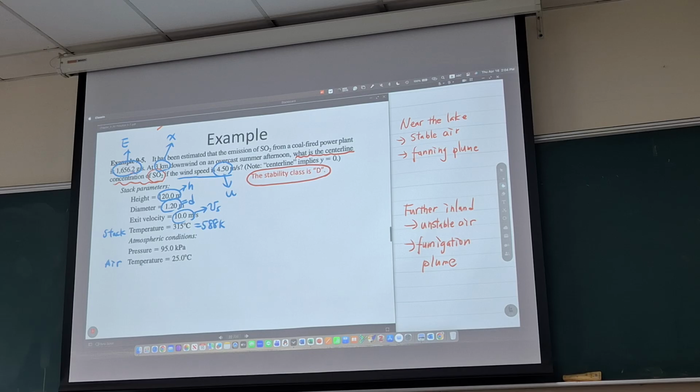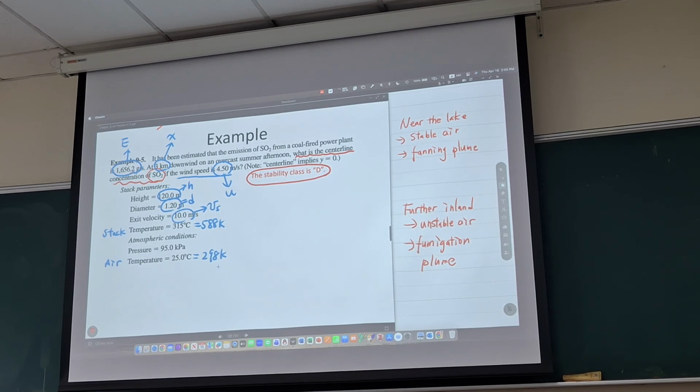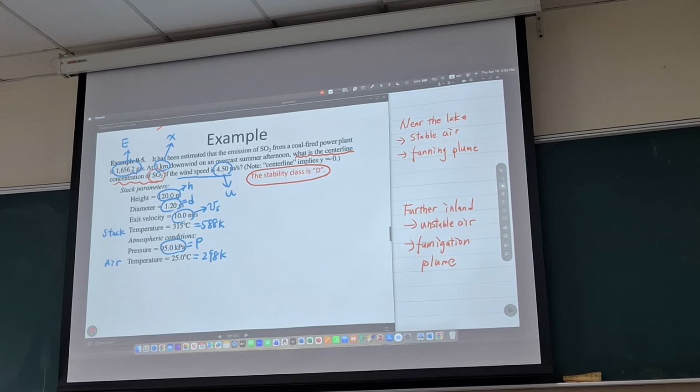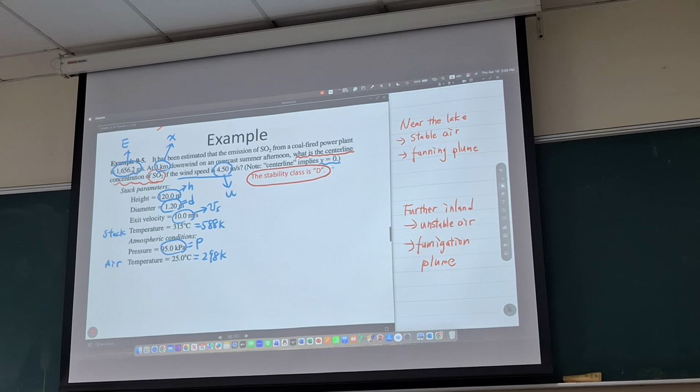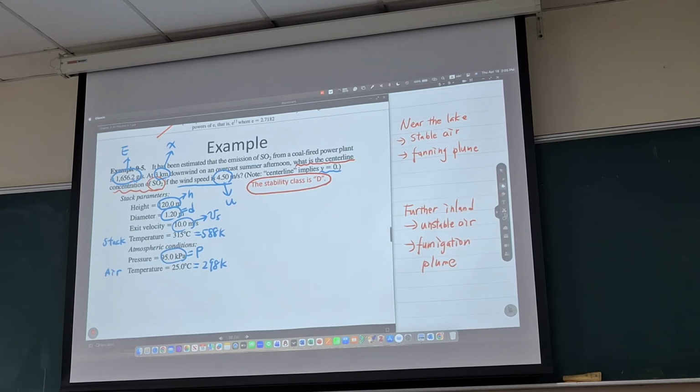The air temperature is 25 degrees Celsius, which means 298 Kelvin. And also we have pressure here, and we have y equals 0. So plug in all the data before we end this section.